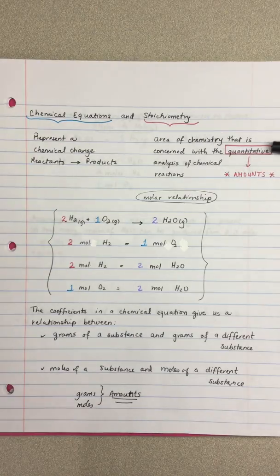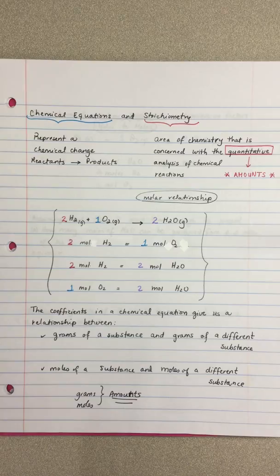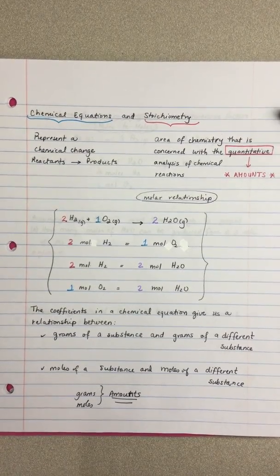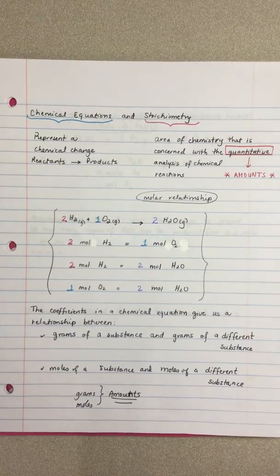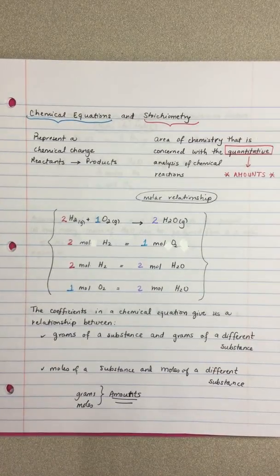So stoichiometry deals with quantities, which are amounts, and for our class, we're using amounts in one of 2 units: amounts in moles or amounts in grams. So we can use stoichiometry to find out the amount in grams or moles for any substance in a chemical equation.